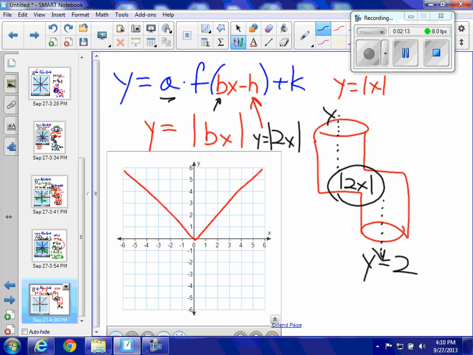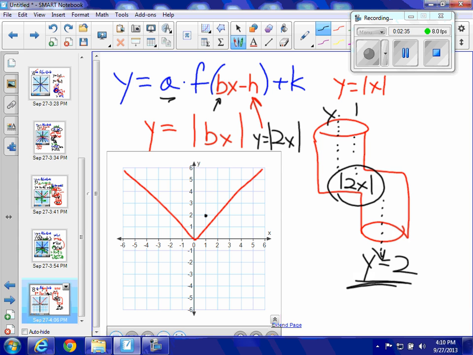Well, again, I can just look at it and I can see, if I drop in the value 1, that's my x. I'll multiply it by 2, I'll take the absolute value of that, and I'll get y equals 2. So at x equals 1, y equals 2.